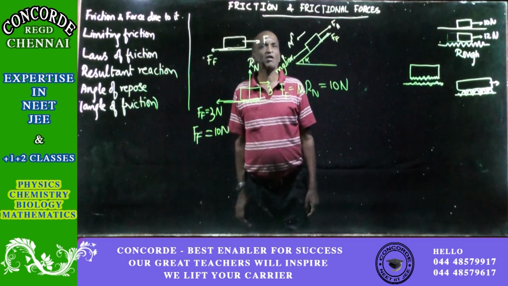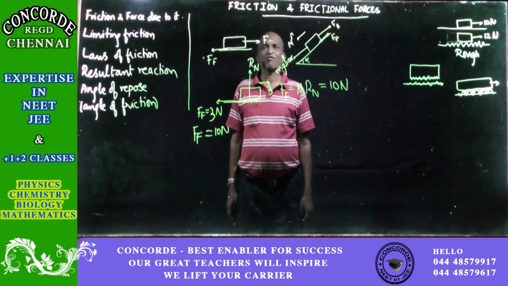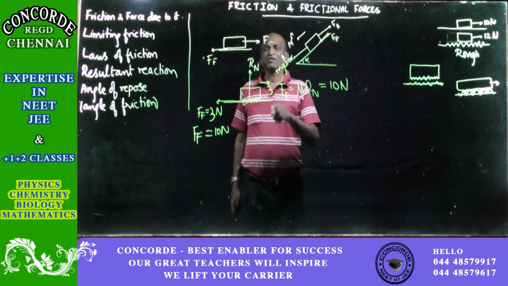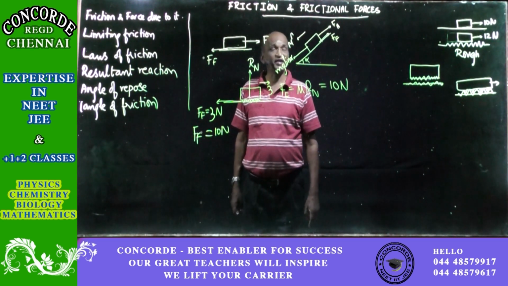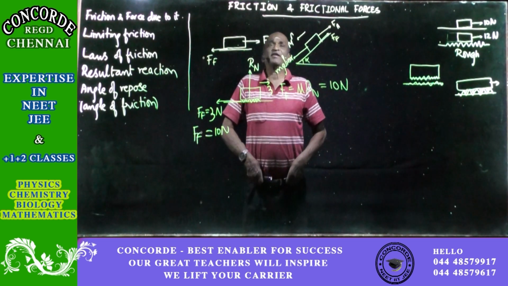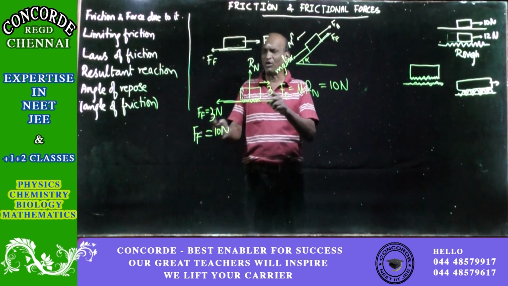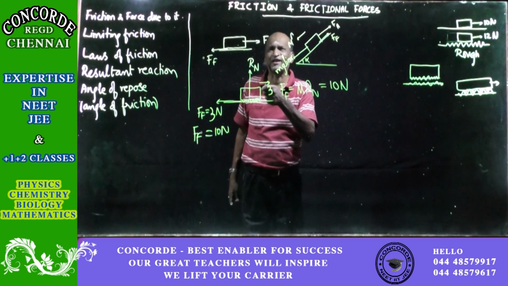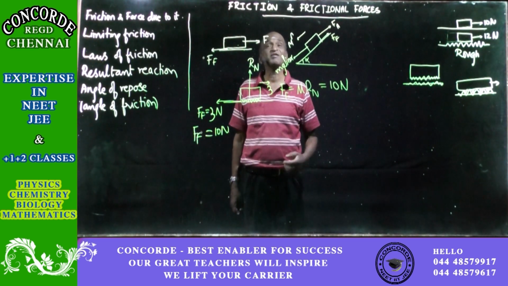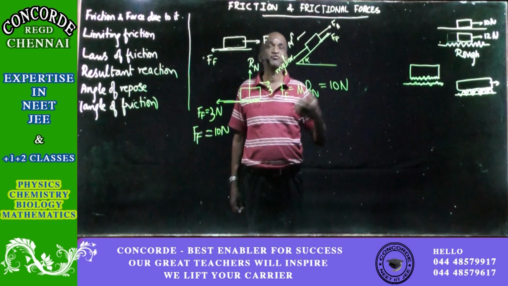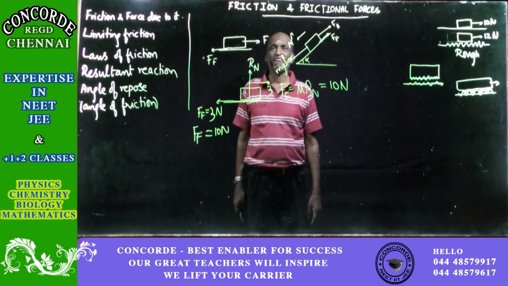When the applied force and the maximum value of the friction force are equal, you can balance the equations. And when both are equal, if you increase further, the body will be about to move. That is, the limit for equilibrium has been reached; afterwards there is no equilibrium, no rest condition.